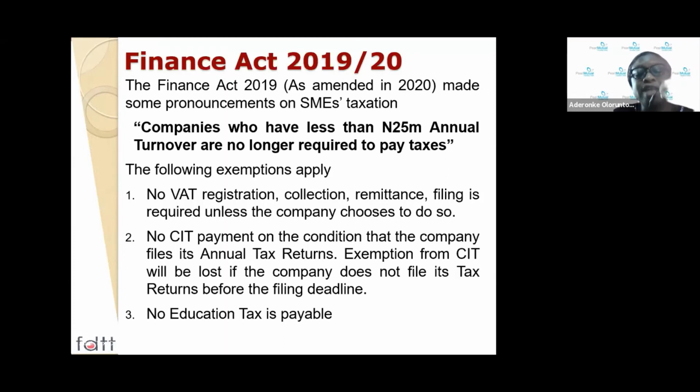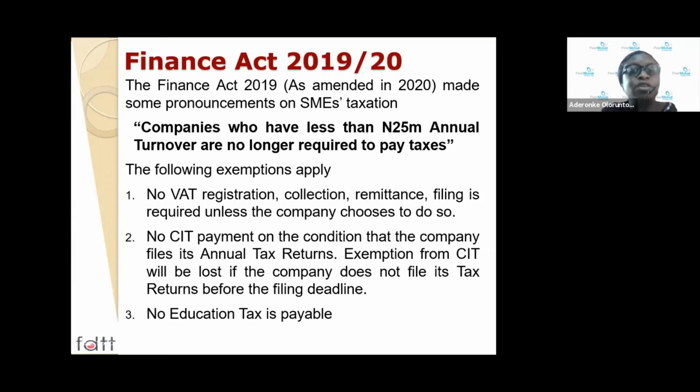But it now depends on that company. If you feel that you still want to do it, because there are some organizations that will not do business with you if you do not have your VAT registration or what we call your TIN registration. That's your tax identification number. And for you to get your tax identification number, you need to register for VAT, you need to register for CIT.